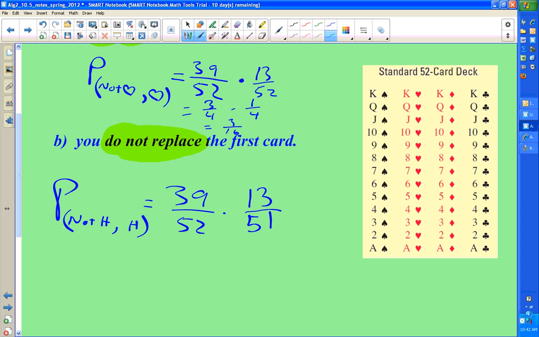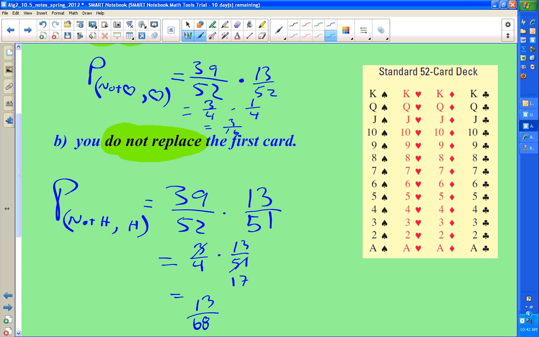Now you can reduce as much as you want. Again, sometimes going to the calculator is not really the way you want to go. We can cross cancel the 3 and the 51, and you're going to end up with 13 over 68. So 13 over 68 is your chance.